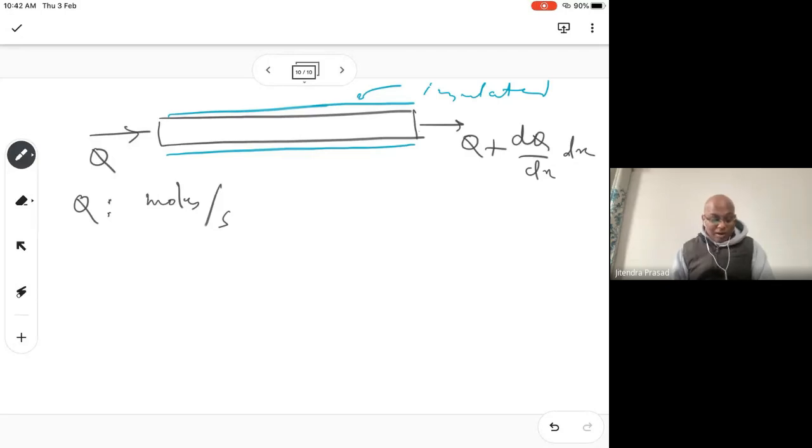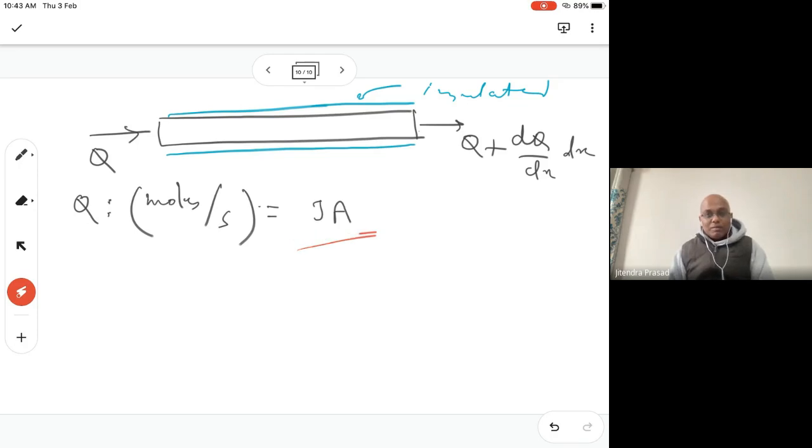This is already multiplied by area: J times A, flux times area, gives you q. This is the relation. And as in heat transfer, there will be a source as well.